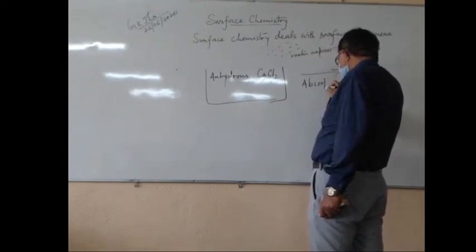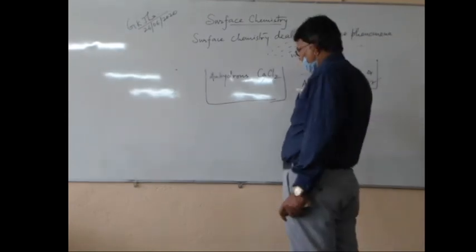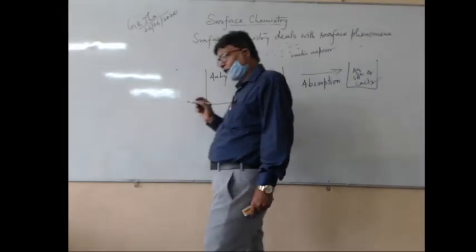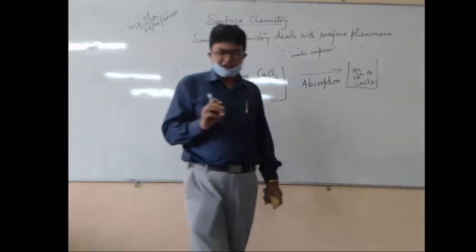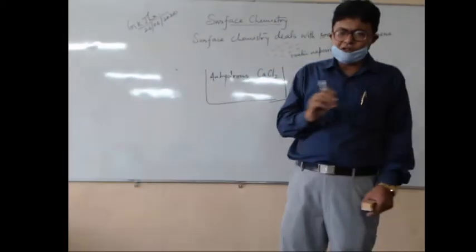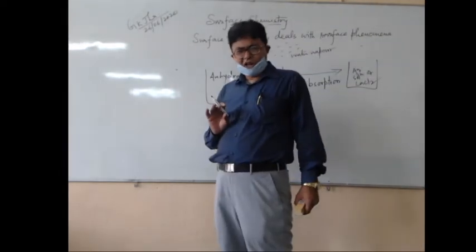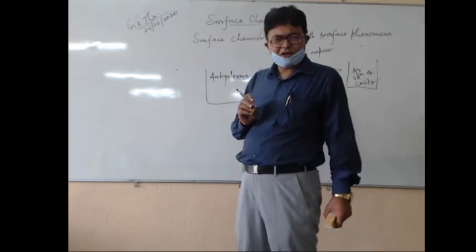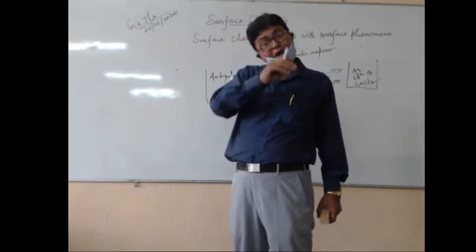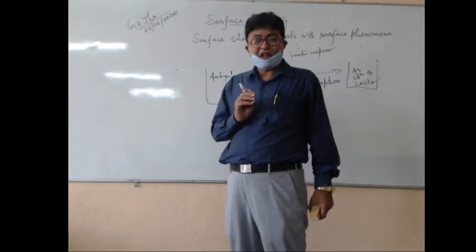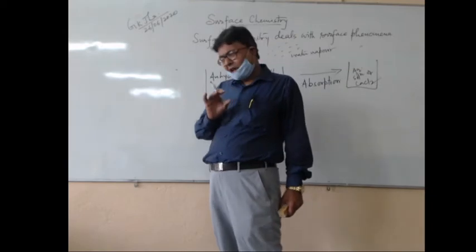This is absorption. So in absorption we are interested that there should be uniform concentration of a substance throughout the bulk of the substance. Then we call it absorption, and if there is a larger concentration of a substance on the surface of another substance, then that is adsorption. This is a minor difference between absorption and adsorption.